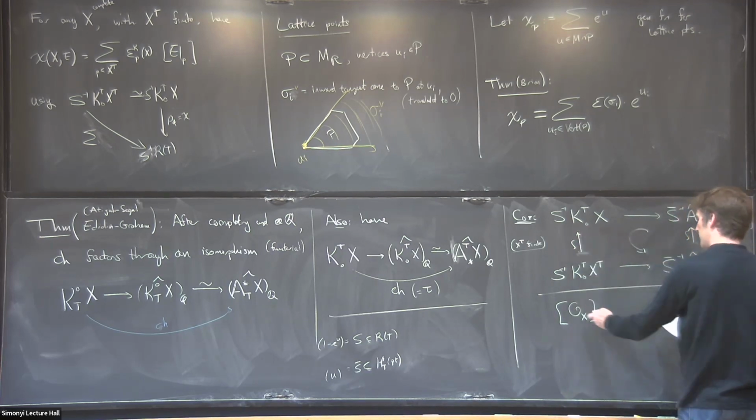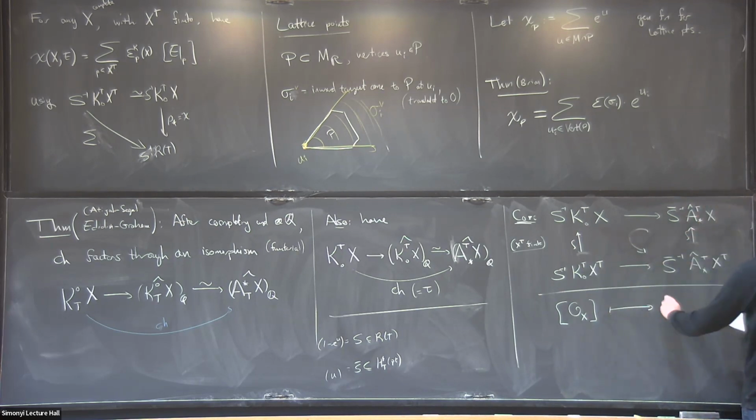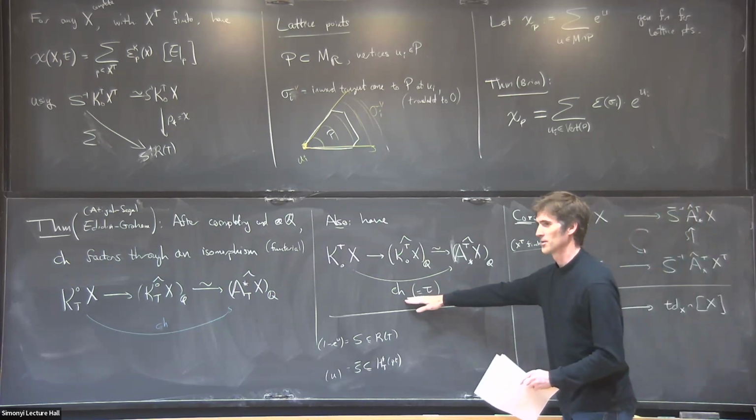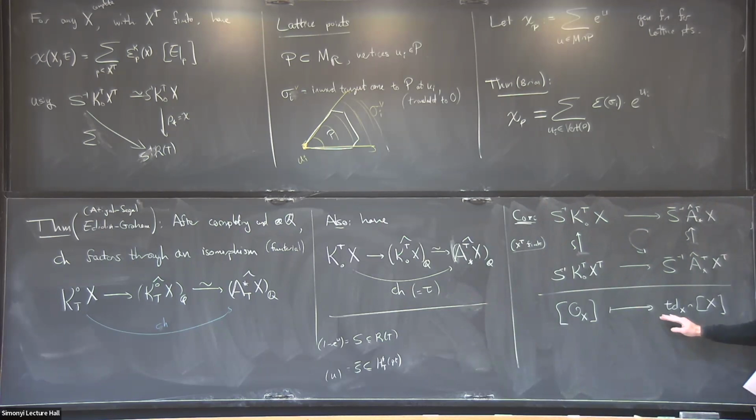Okay, so let's follow what happens to the structure sheaf. Well, one thing it does, and I think this is answering Matt's question, is it goes to the homology Todd class. So that's over here. So one needs to define this. I've reduced the definition of this to the definition of this, so that maybe doesn't tell you anything.